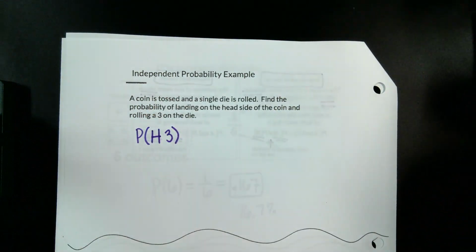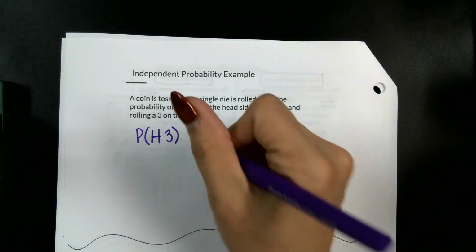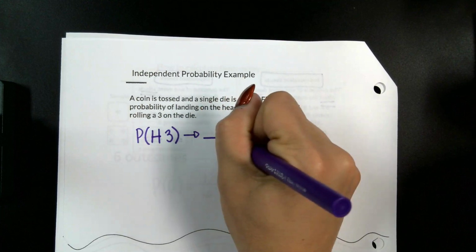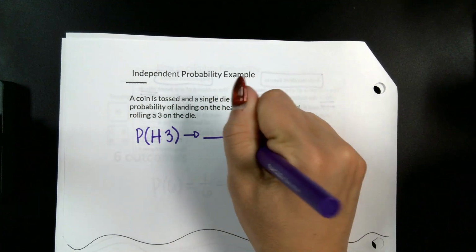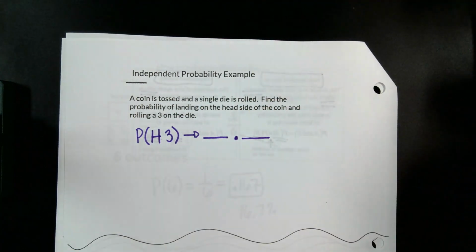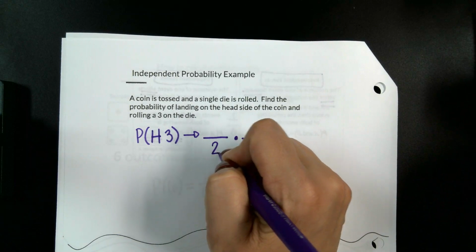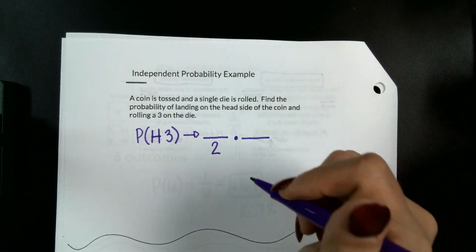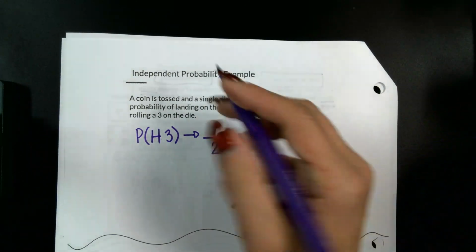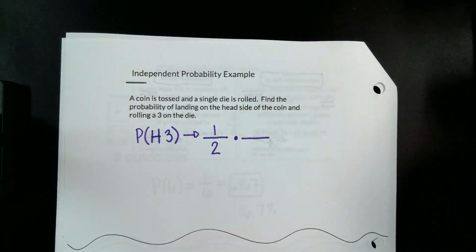Let's start with the fraction we would use for the coin. How many total options are there on a coin? The total goes on the bottom, and heads would just be 1 out of the 2. So the probability of getting heads is 1/2.